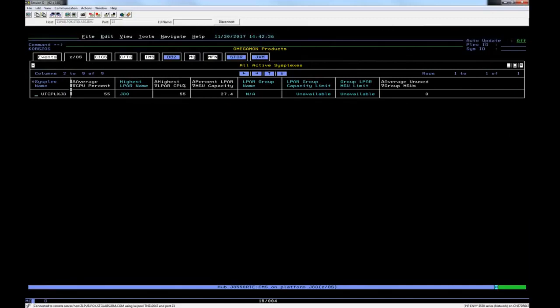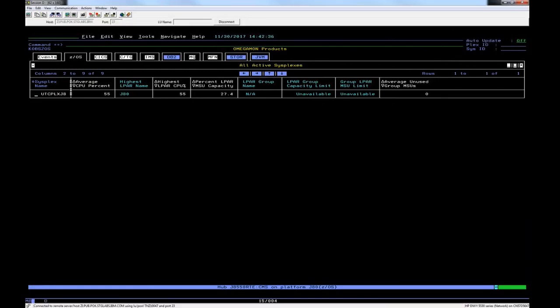And then, along the way and towards the latter part of the presentation, I'll be covering OMEGAMON for z/OS version 550 new features, and some of the features we've introduced in prior maintenance and releases.